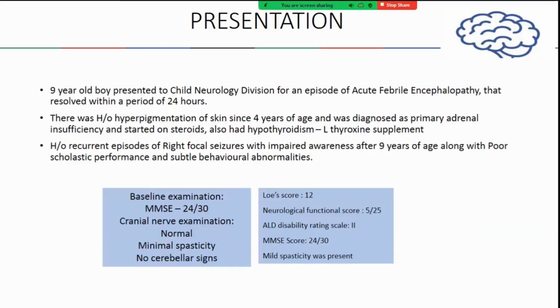Now this child actually presented to the neurology division at 9 years of age. And he had an episode of acute febrile encephalopathy that resolved, but there was some hyperpigmentation which was noticed. There was a history of focal seizures, and later on, the parents noticed some subtle behavioral abnormalities.